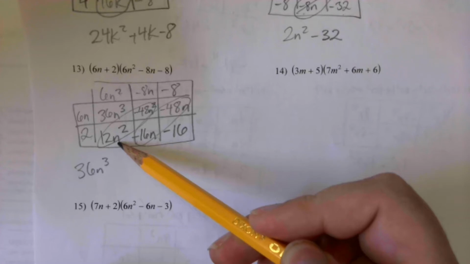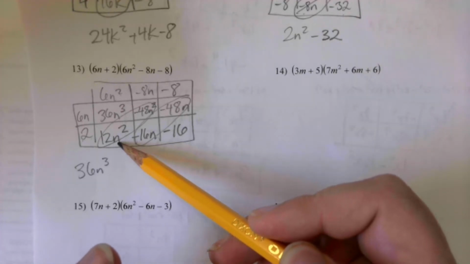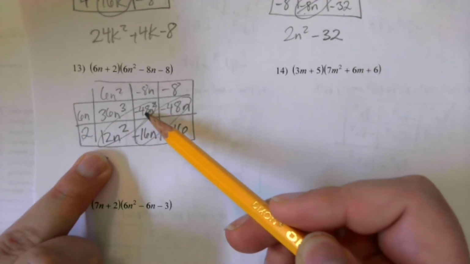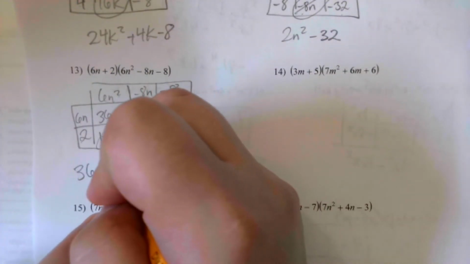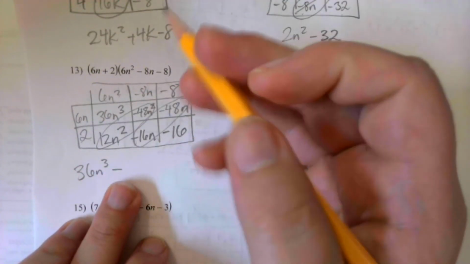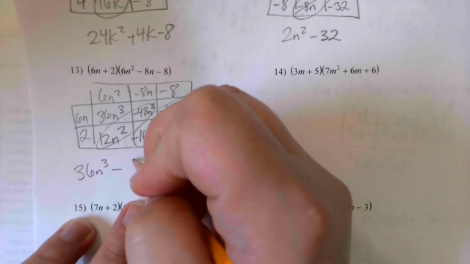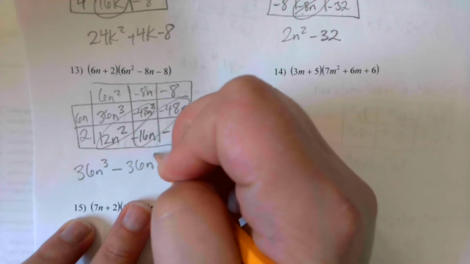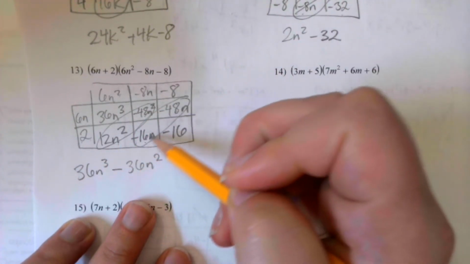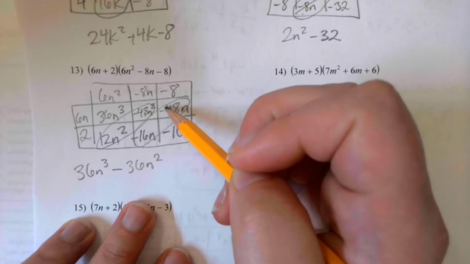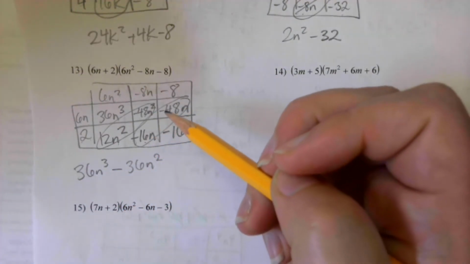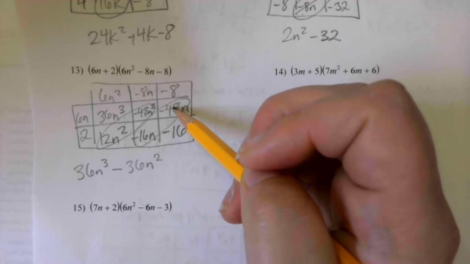Well, the 36 n cubed is easy. Positive and a negative. That means we're going to be subtracting those coefficients to figure out our new coefficient. The 48 is larger and it's negative, so we're going to have a negative. 48 take away 12, 36, n squared. 2 negatives means add. 58 plus 6, 64.